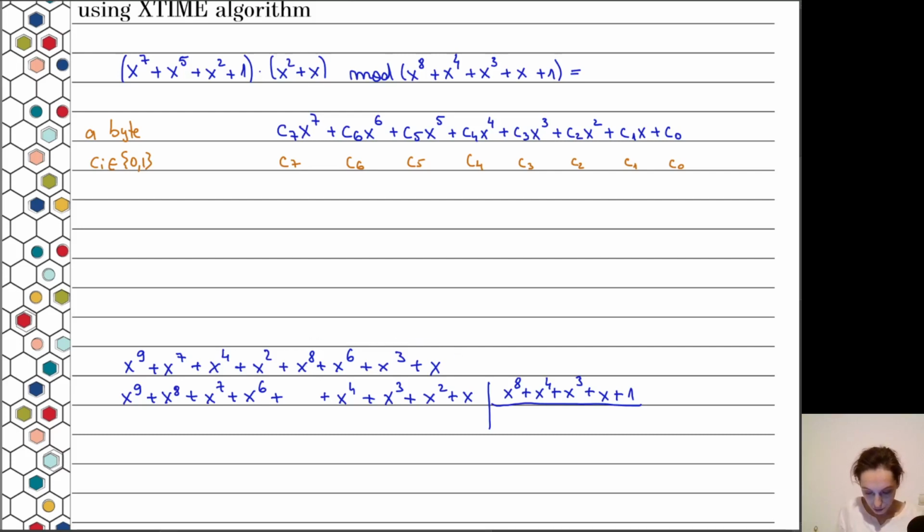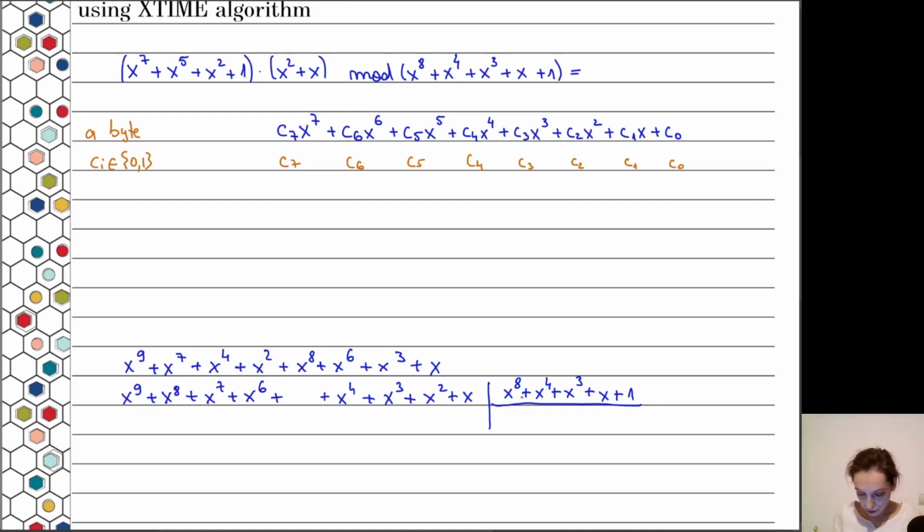And then we put this result in decreasing order, and we have here a place for a term which is not in our polynomial.